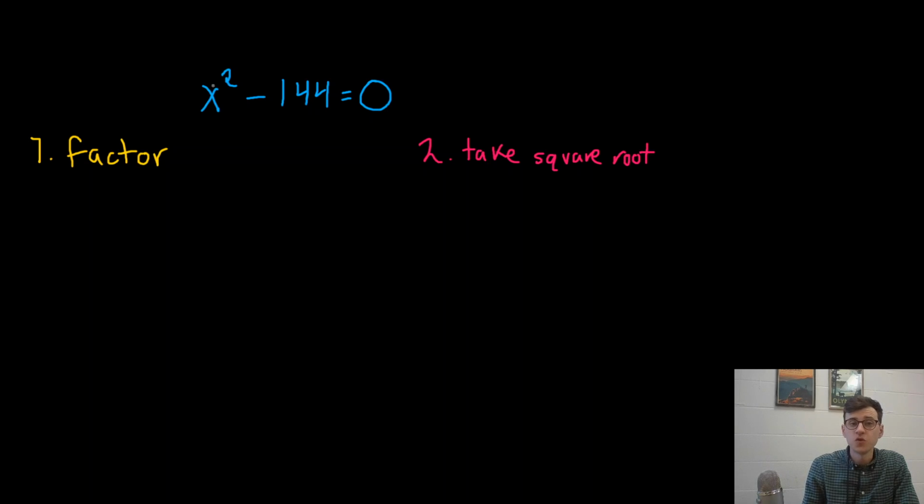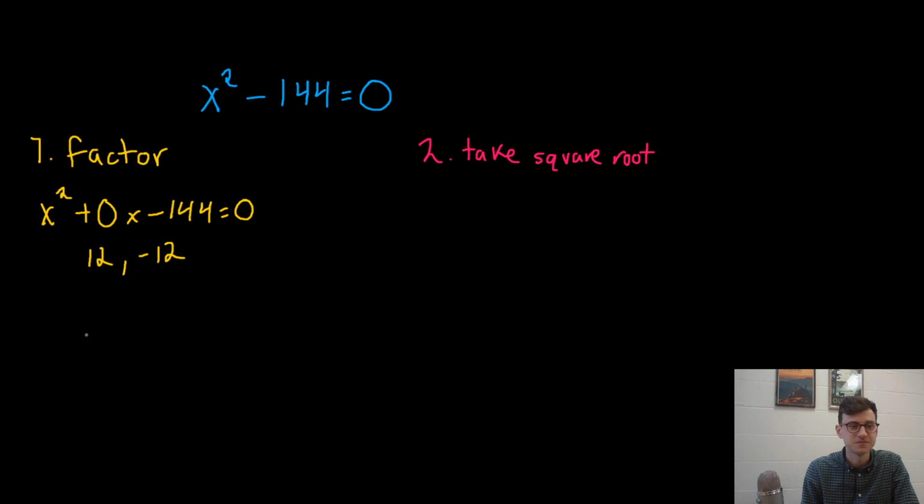So if you decide you want to factor, you can think about it like this, right? This is as if we had x squared plus 0x, because there's no middle term, minus 144 equals 0. So I'd need two numbers that multiply to negative 144 and add to 0. And, well, those two numbers just happen to be positive 12 and negative 12.